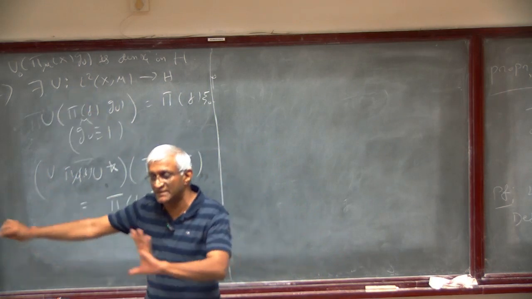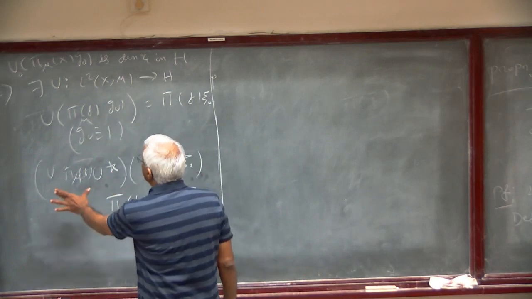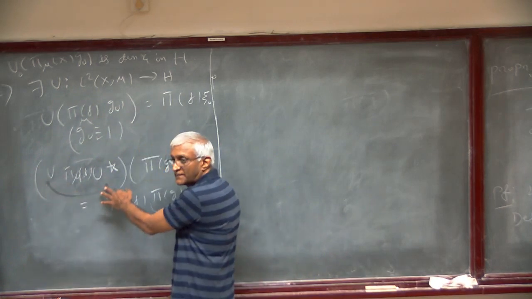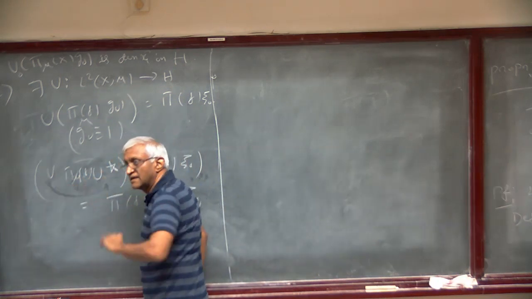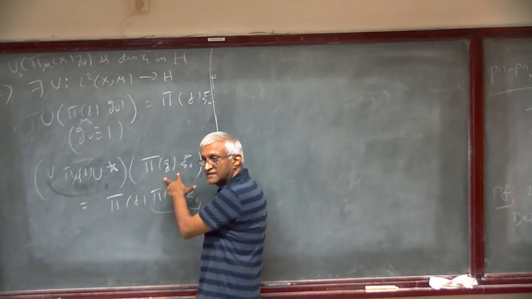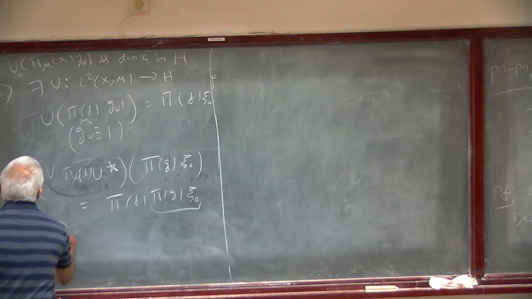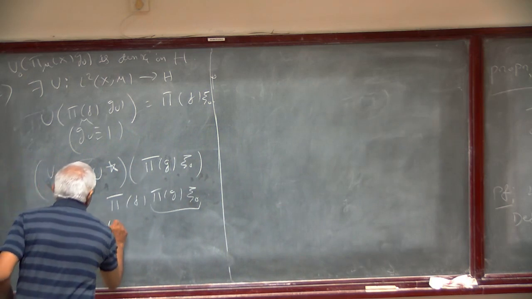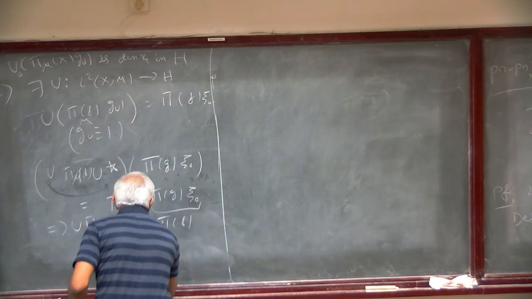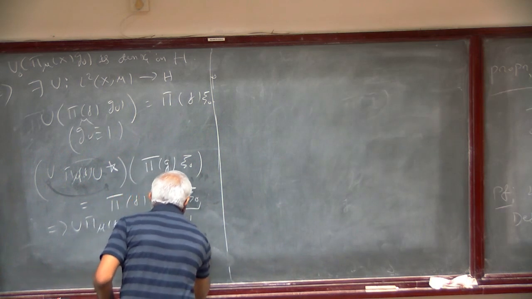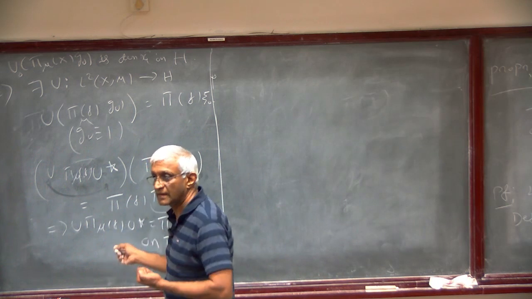Something preserves the inner product, so I got a unitary operator. Now on a dense subspace, this is an operator, U star, this operator acting on this vector. So this says that U star pi mu of f U equals pi of f on pi of c of x g naught, xi naught, which is dense. Okay.